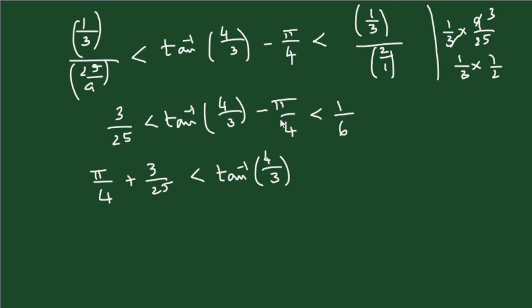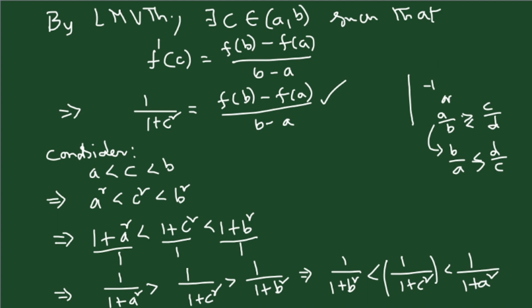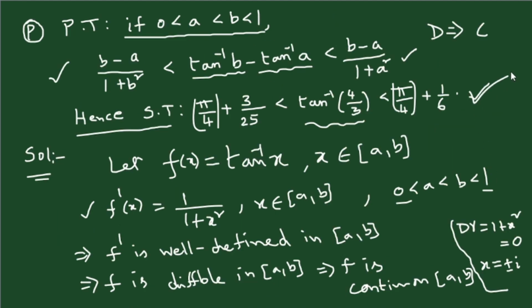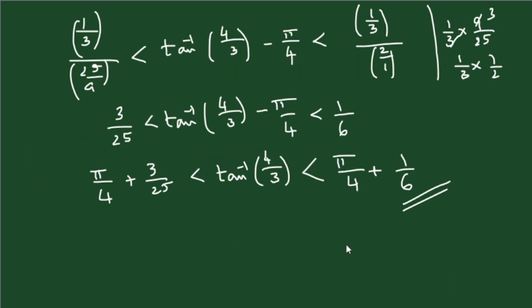Here pi by 4 minus pi by 4 gets cancelled. So less than pi by 4 plus 1 by 6. And this is the required result we are asked to prove. So this is what we have proved. This is a very important problem from the examination point of view. Applications of Lagrange's mean value theorem.